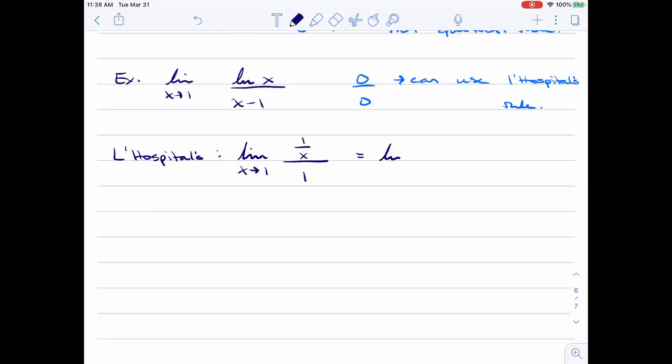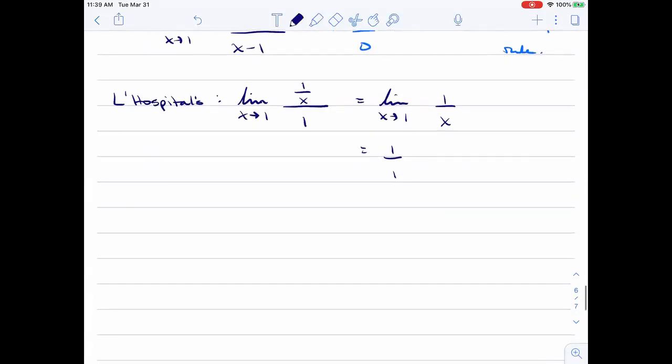So then I have the limit as x approaches 1 of 1 over x, which is just 1 over 1.